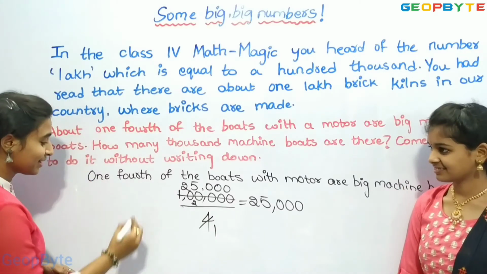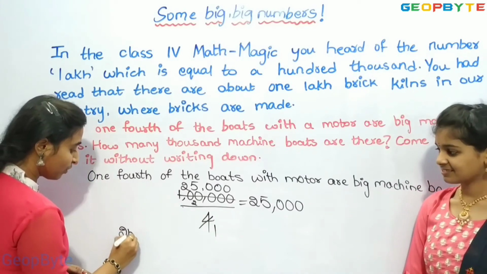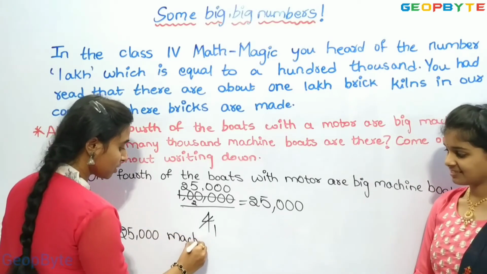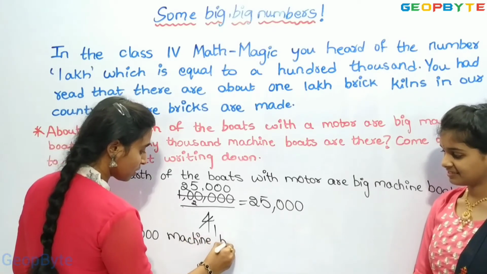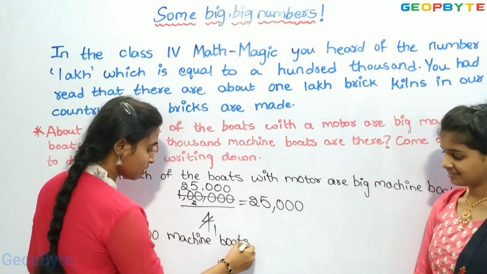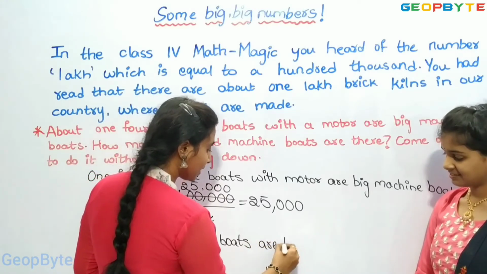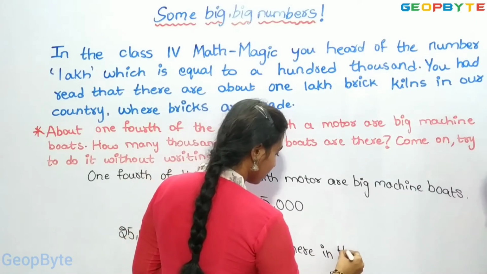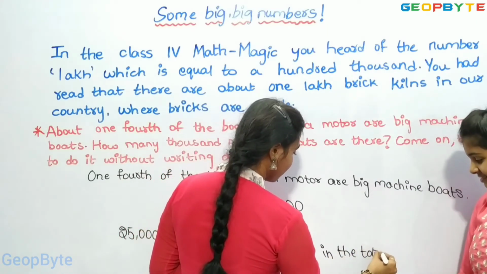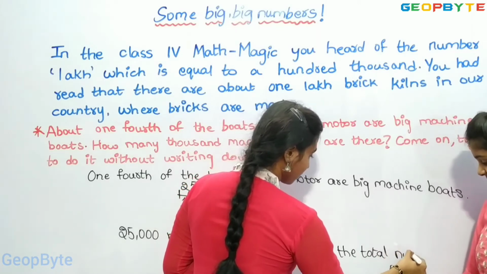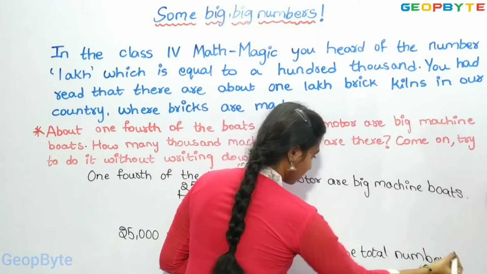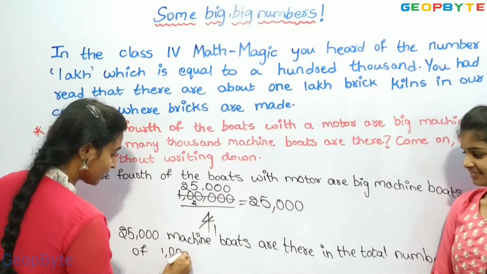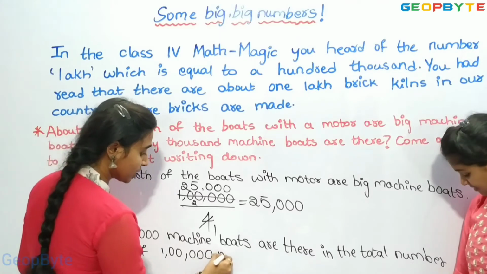Let us write: 25,000 machine boats are there in the total number of one lakh motor boats.